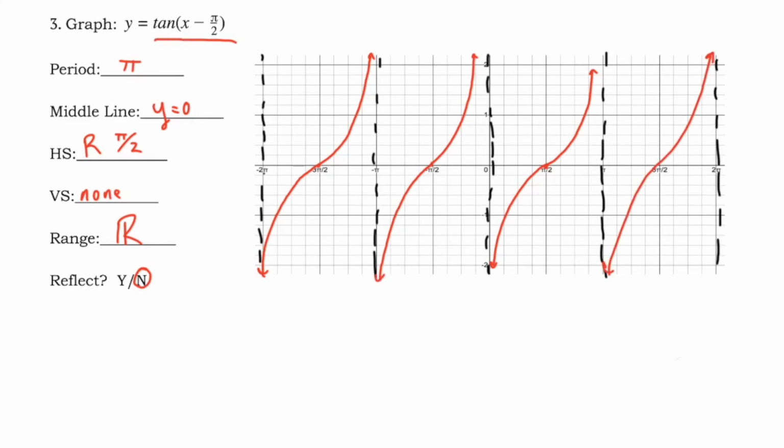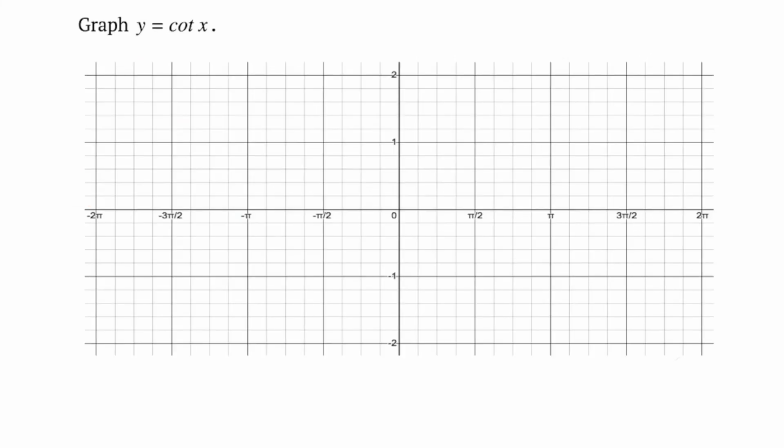So this is the graph of tangent of x minus pi over 2. Now what's weird about this is that's actually exactly the graph of the cotangent function. So this has a vertical asymptote right on the y-axis, and that's the same as the cotangent function. We'll put a vertical asymptote right there on the y-axis. And that's because, again, if you think of the unit circle, the first point, the angle 0, is the point 1 comma 0, and tangent was the y divided by x value.